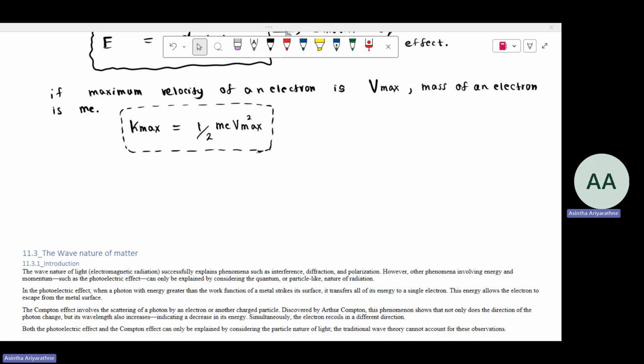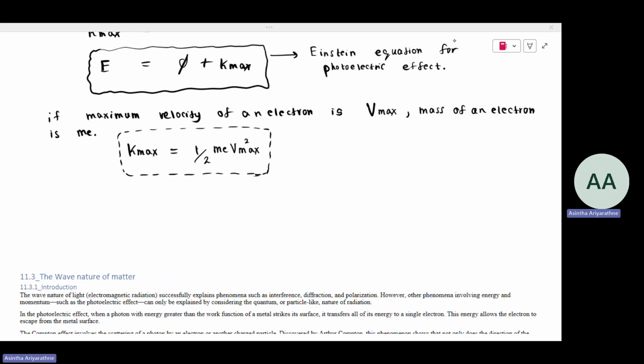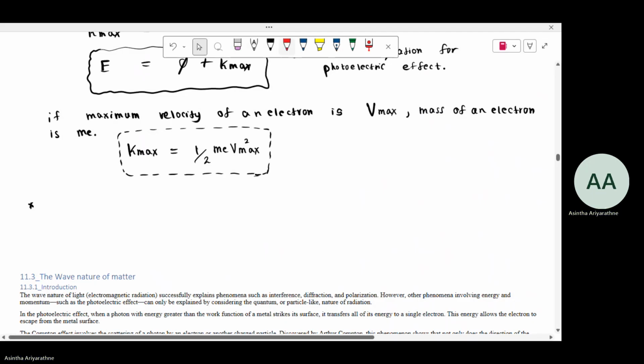Yes, another important consideration is that only one photon could emit one electron in the photoelectric effect.